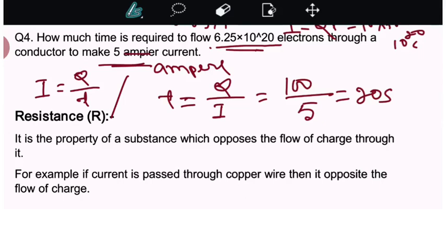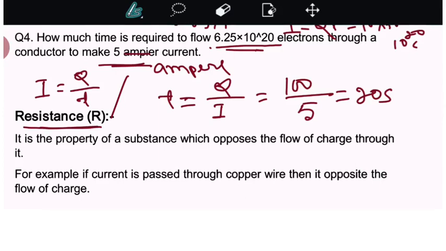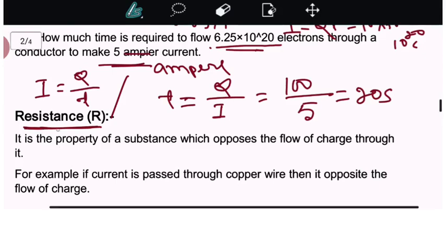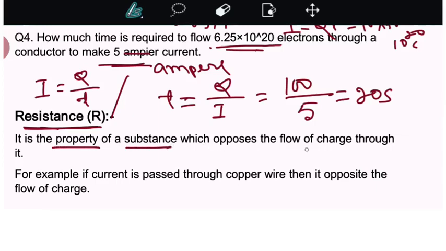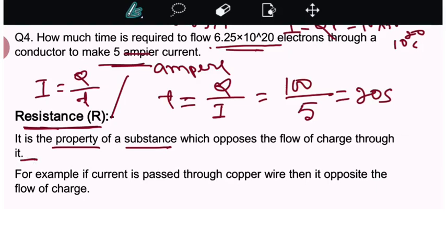Now resistance. What is resistance? You have read it in class 10 physics, and now you have to study it in chemistry also. Resistance is the property of a substance which opposes the flow of charge through it. If current is passed through a copper wire, copper opposes the flow of charge.